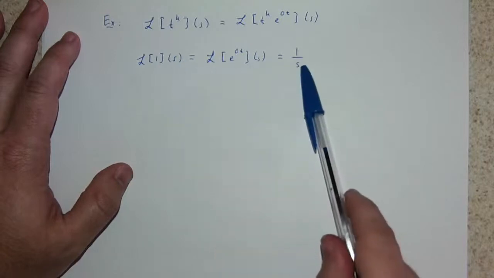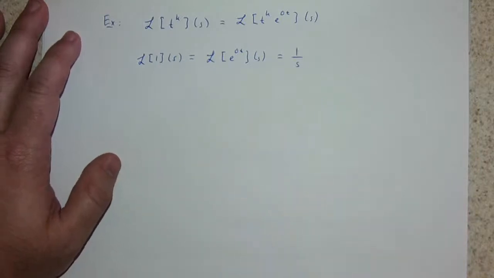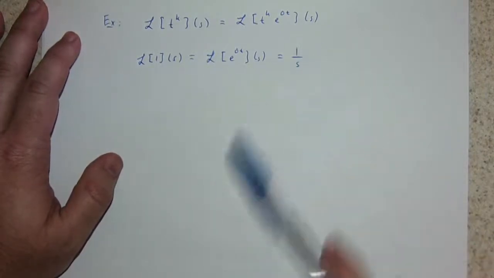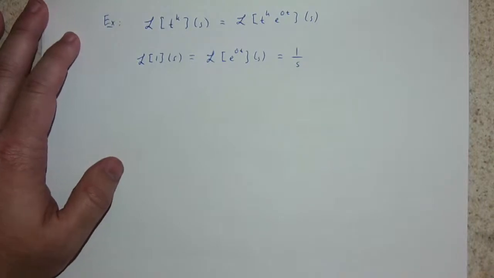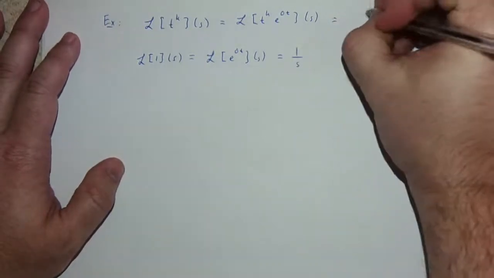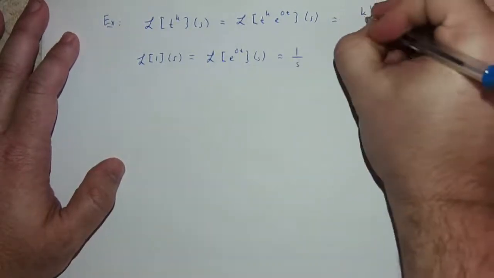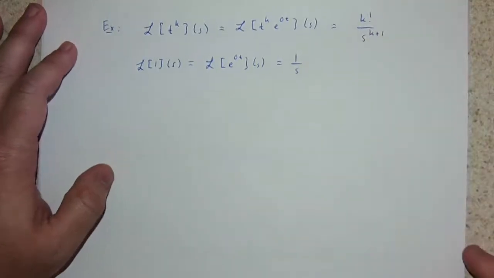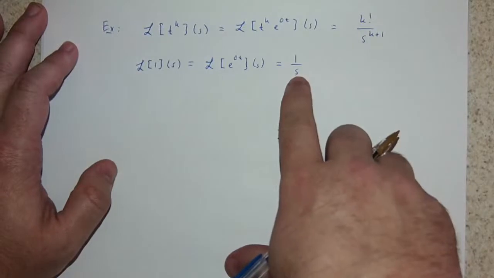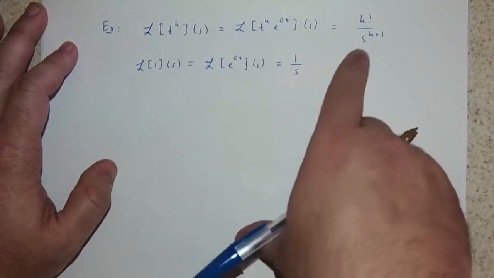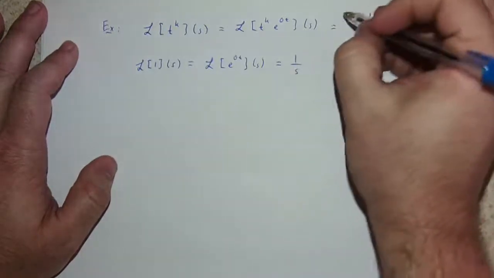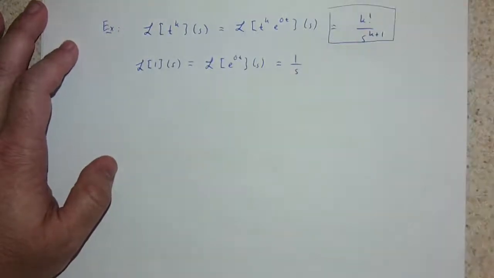Since I'm taking a kth derivative, I'm going to get descending powers of s here. So I'm going to get k factorial over s to the k plus 1. When I've taken the kth derivative of 1 over s, I get 1 over s to the k plus 1. And this k factorial is coming from taking these successive derivatives. So there we go.